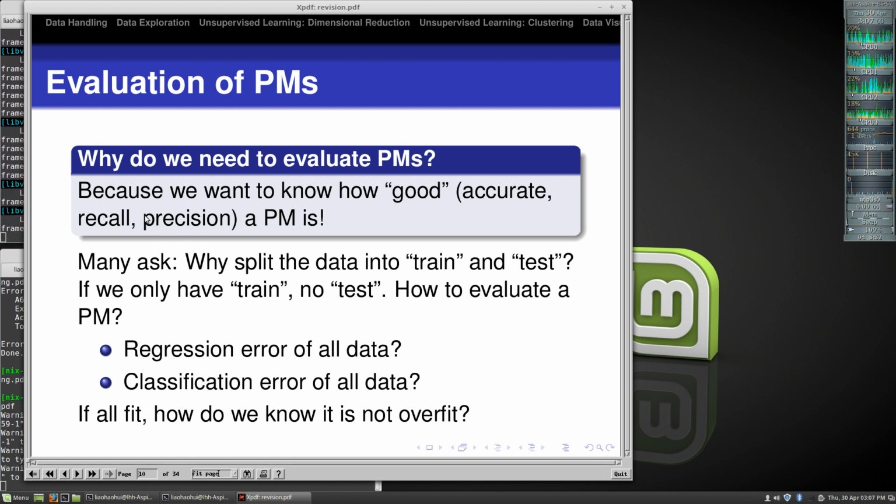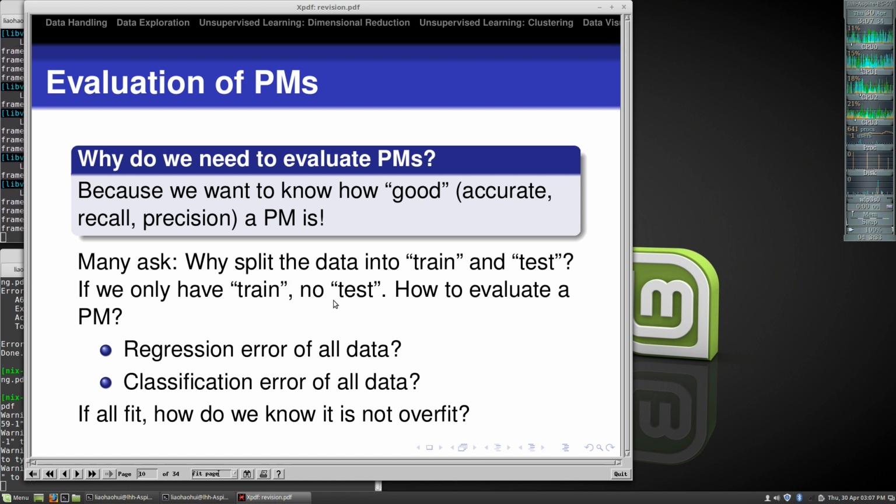Many of us are wondering, why do we need to split the data into two groups, the training data and the testing data? How come we cannot measure good by just using all the data as the training data?